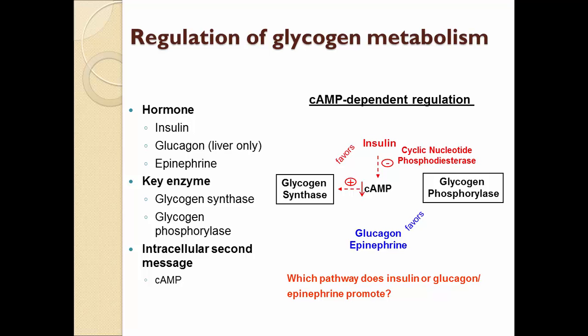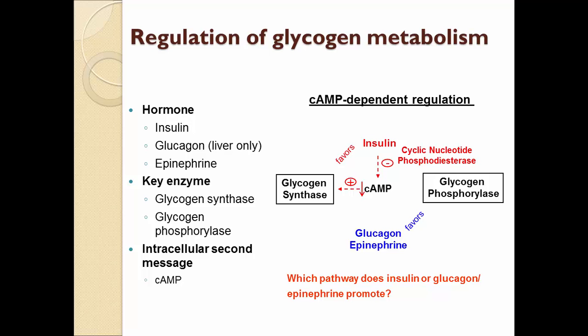Because insulin is an inhibitor of cyclic nucleotide phosphodiesterase, right? So this is the enzyme that catalyzes the formation of cyclic AMP, right?